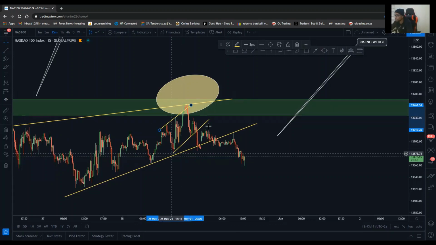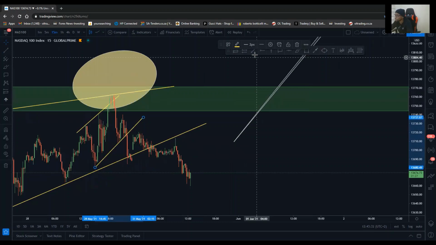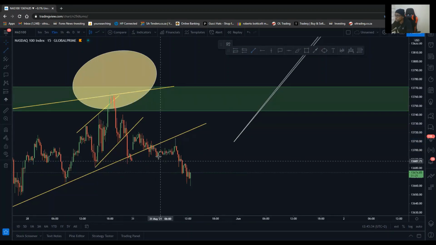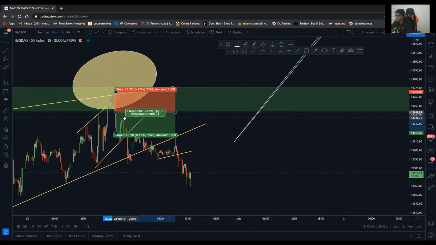So you can see here we had an impulse down, correction, impulse, correction, then further went down in this manner, and then here we are having a correction. So if you missed it here where I managed to catch it, you can also catch it around here. So that was around the level.